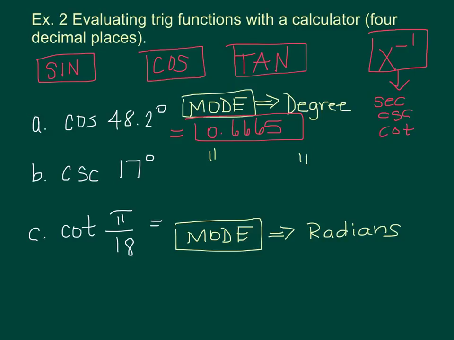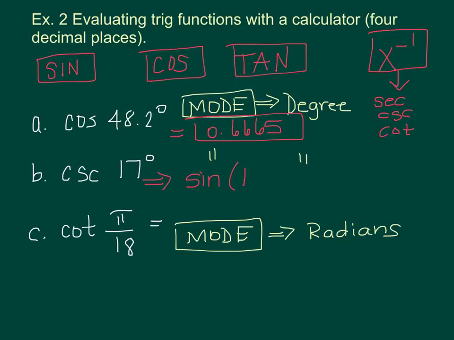Now, if you notice, part B is a reciprocal, and you have to know your reciprocal functions. So when you type in B, you're still in degree mode because it's degree. The reciprocal of cosecant is sine, so you're going to do sine, and then it should give you a set of parentheses.